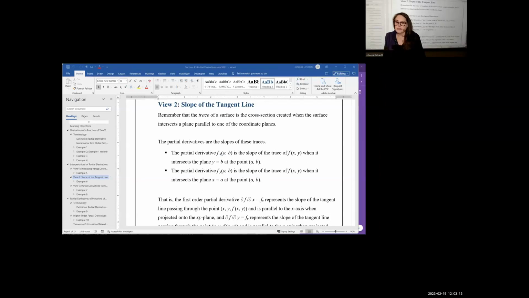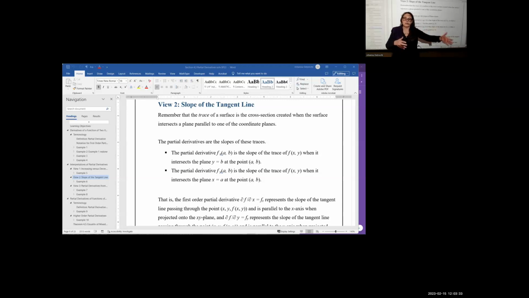Okay. So basically, yesterday we talked about the partial derivative being able to indicate whether the z value, the dependent variable, was increasing or decreasing as that variable, x or y, was changing.